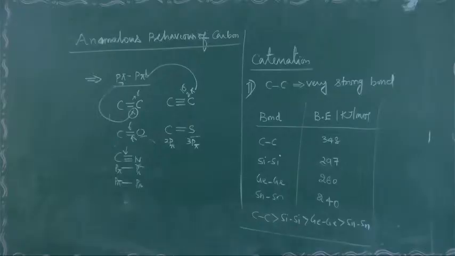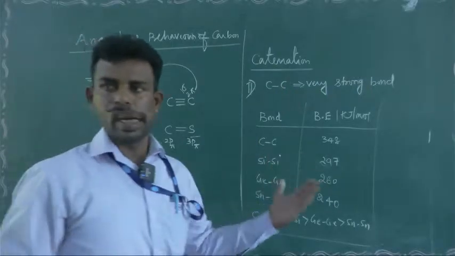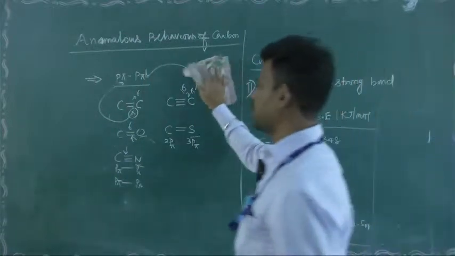So this is all about the chemical and physical properties of group 14. Next, allotropic forms of carbon. You would have already studied the allotropes of carbon.